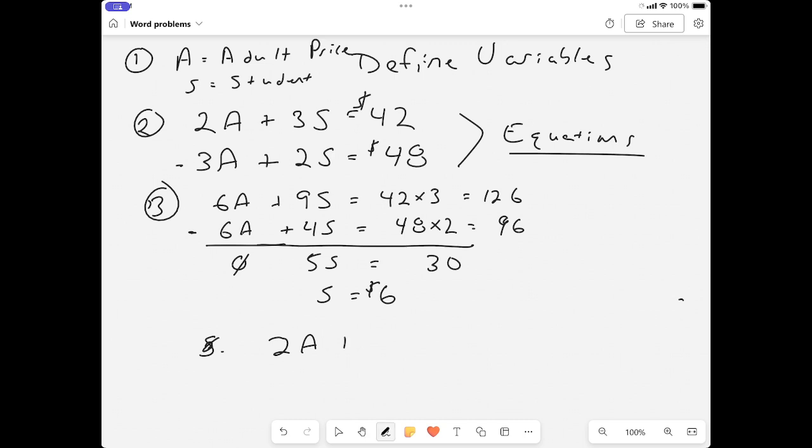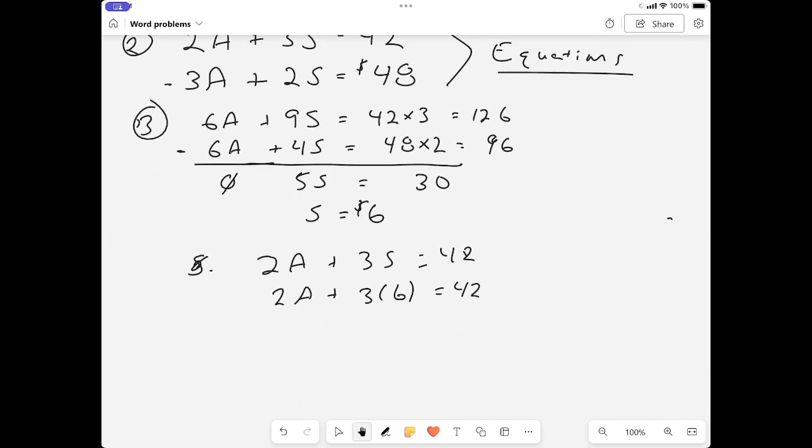2a plus 3s equals 42. Excuse me, my pen is not working correctly. And so that's 2a plus, since s is 6, 3 times 6 is equal to 42. And that's going to be 2a plus, now 3 times 6 is 18, is equal to 42.